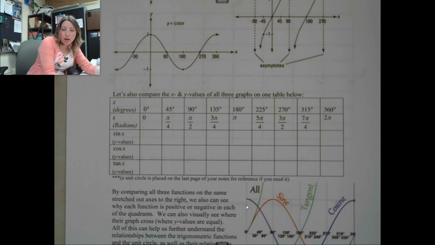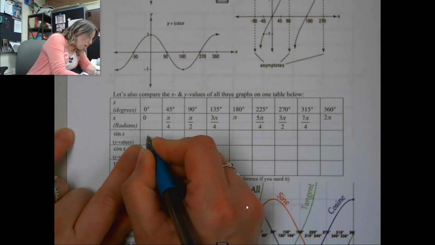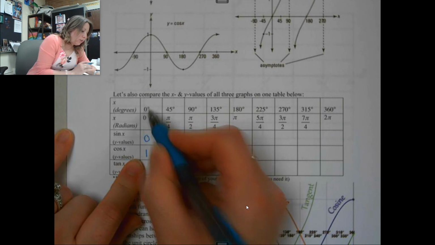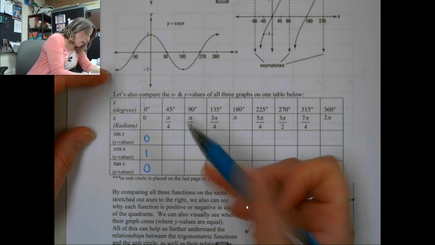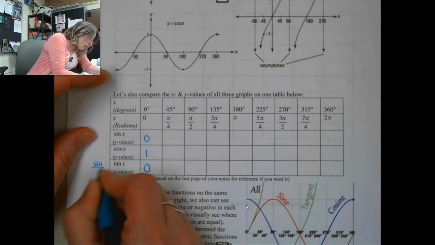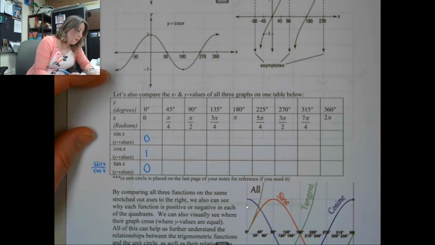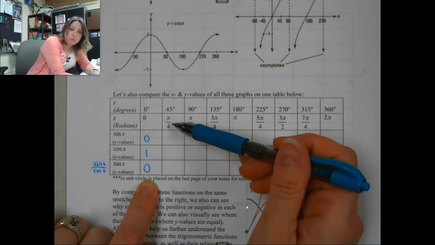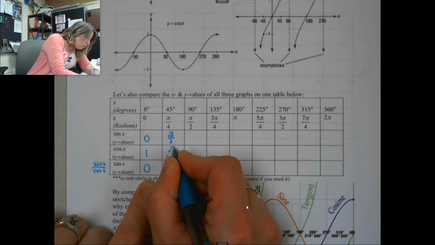Okay. So down here, where you're kind of putting this all together, all right, sine, of course, is 0 and cosine is 1 when you're looking at 0 degrees, 0 radians. So, of course, tangent is going to be 0. So that's this divided by this. Remember that. Sine divided by cosine. That's what tangent is. Okay? So now at 45, it's radical 2 over 2, radical 2 over 2.